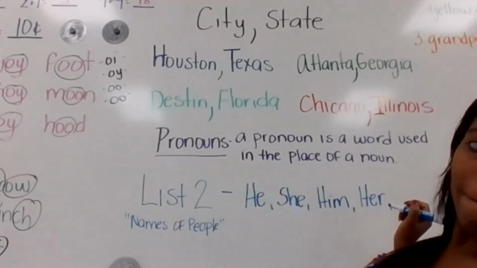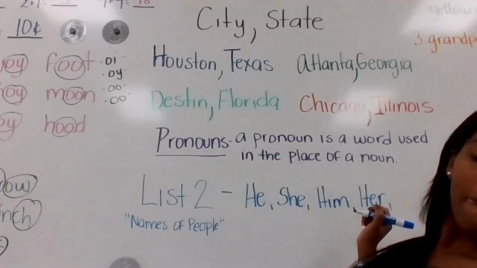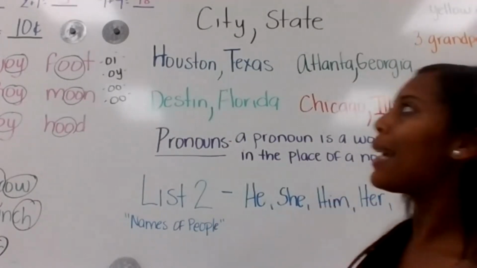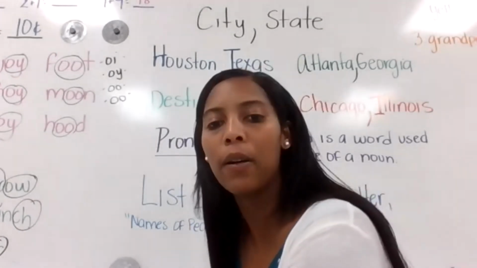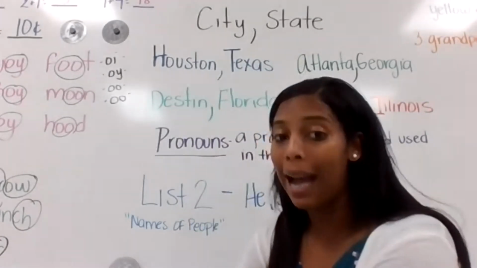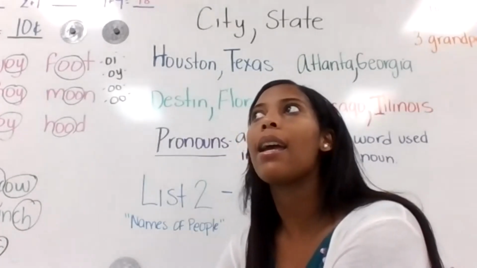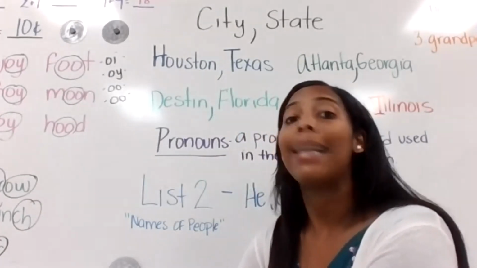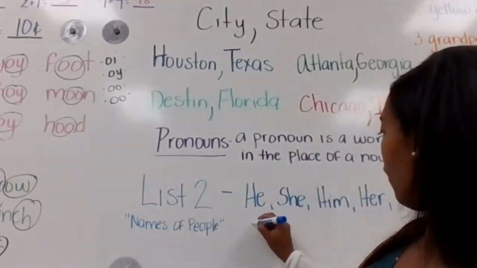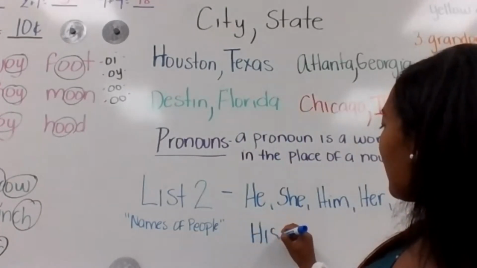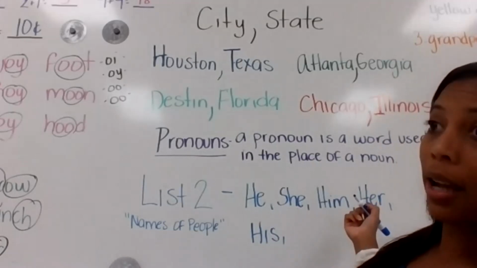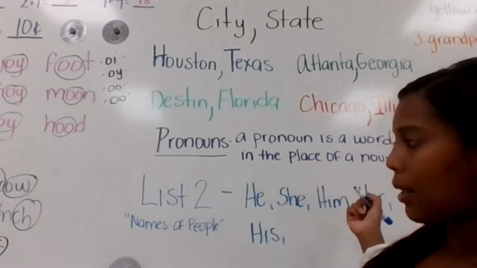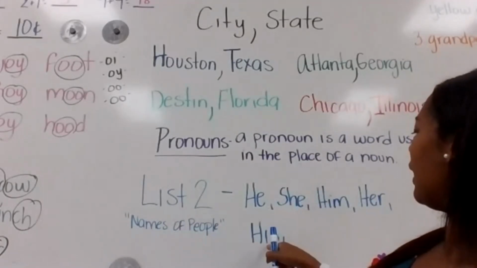Okay. So if I would say Tyler's shoes are on the floor, instead of saying Tyler, I could say what? His shoes are on the floor. See, once you kind of get it, it's like, oh yeah. And like I told y'all, we use a lot of these words a lot, right? We just didn't know they were pronouns. So he, she, him, her, his.